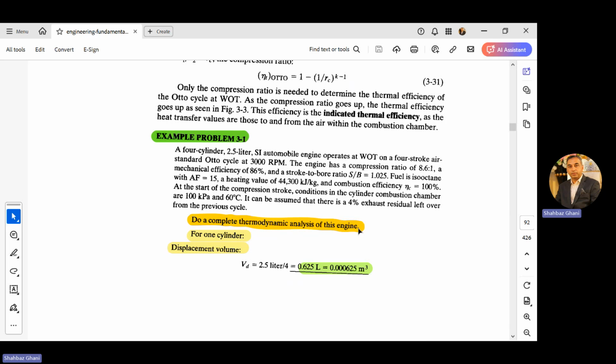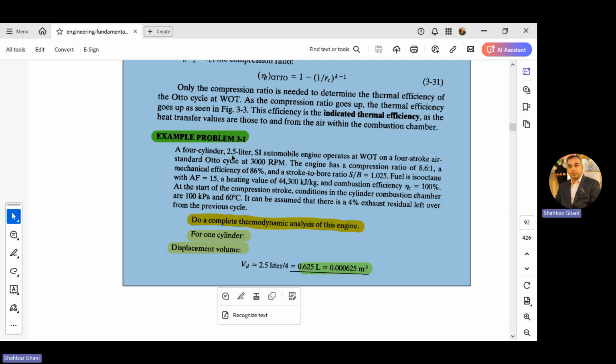Now, coming back to the statement, let's analyze it. A four-cylinder engine, so the number of cylinders is 4. Its volume is 2.5 liter, so the total volume is 2.5 liter. It's an SI engine, spark ignition engine, at wide open throttle.